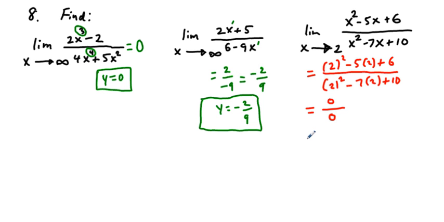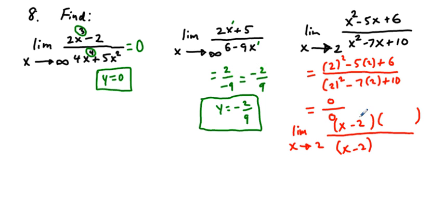Let's factor this. So the limit as x approaches 2 of all this, factoring, we're going to get x minus 2 above and below as factors. In the top, we're going to get x minus 3, and in the bottom, we're going to get x minus 5.